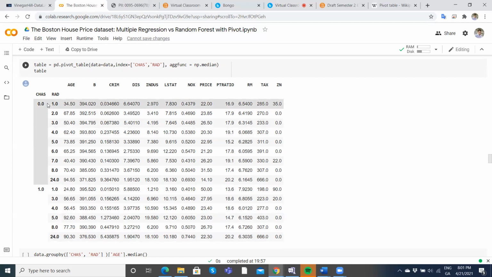right? And over here, you're not on the Charles River, so electoral districts off the Charles River. Here where we have 24, we look at the property price, it's really low, right? $14,000, right? So good infrastructure is not associated here with higher price, because we're getting a few things.